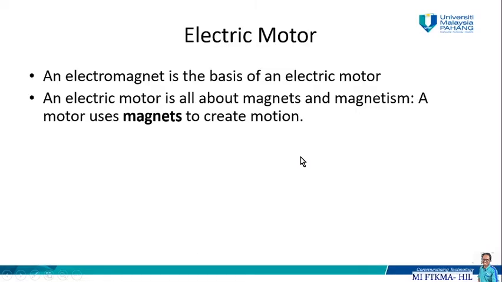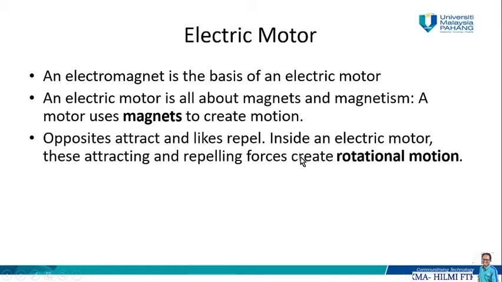An electric motor basically consists of an electromagnet and a permanent magnet. So an electric motor is all about magnets and magnetism, where we use a magnetic field to create motion. The characteristic of magnets, where opposites attract and the same poles repel, is used as the foundation of the electric motor.